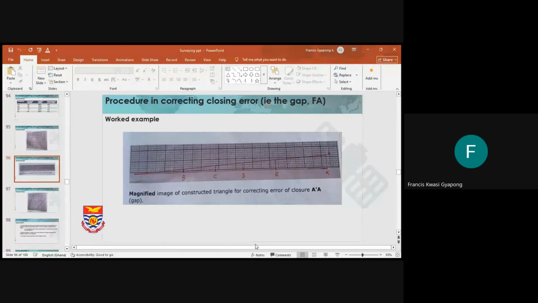Now, this time you are not ruling a solid line. You are using broken lines, so that it will be different from the original plotted line that you drew.